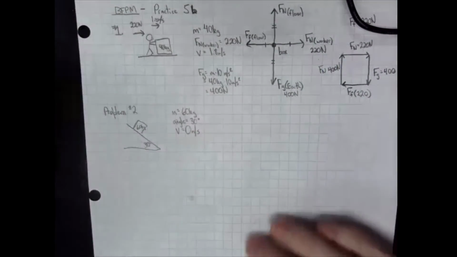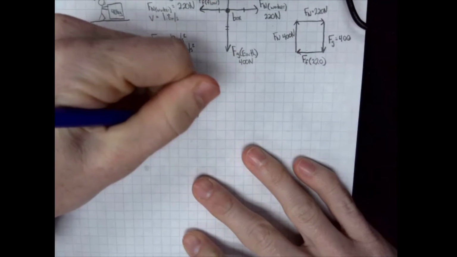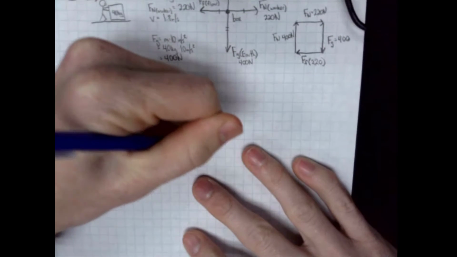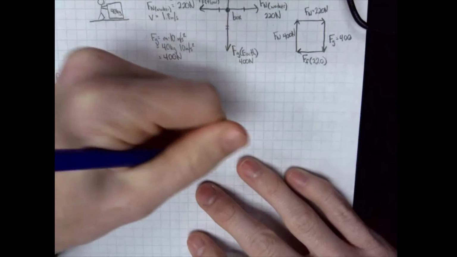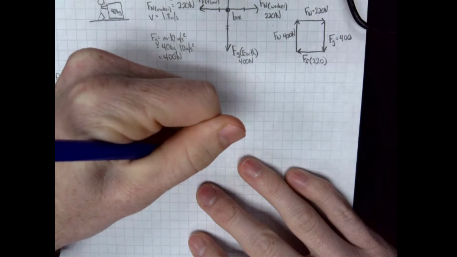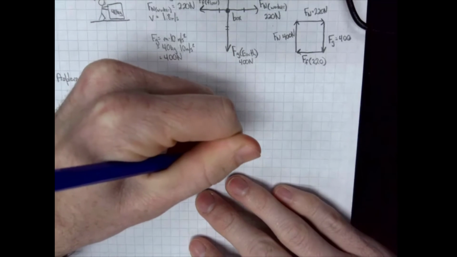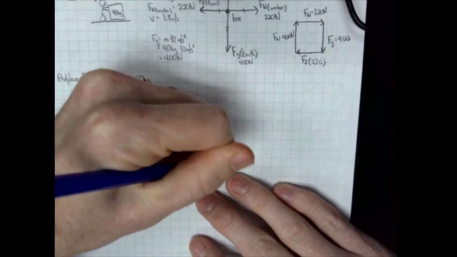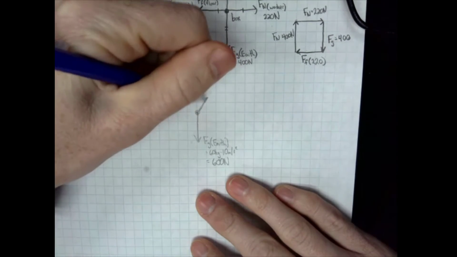Okay, so if I draw my free body diagram, I have a box, a force of gravity going down from the Earth, and it happens to equal the mass, 60 kilograms, times 10 meters per second squared, which is 600 newtons. Then we have a force that's going up and to the right.